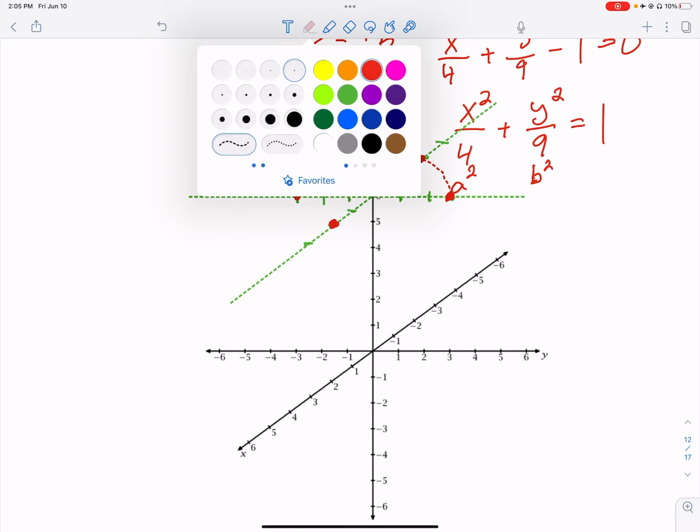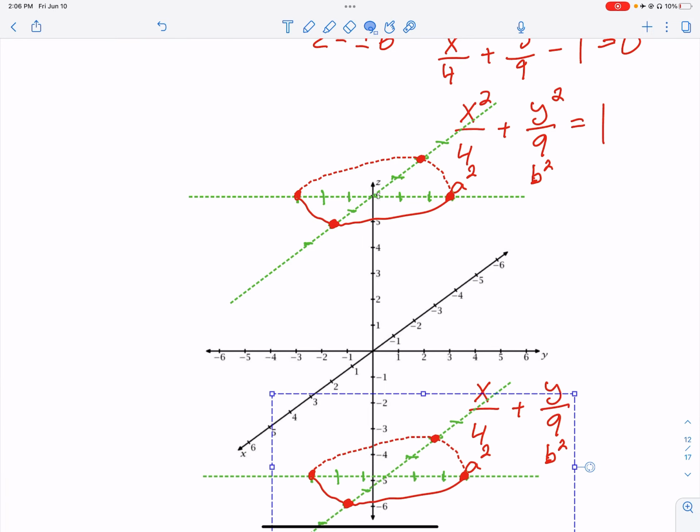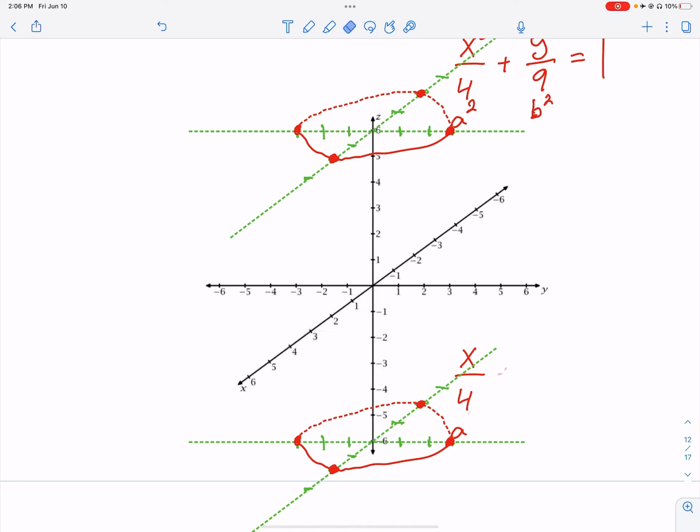This is going to be the front side. Then we have the exact same thing at negative 6, so I'm just going to copy and paste, and erase the things that I don't need.